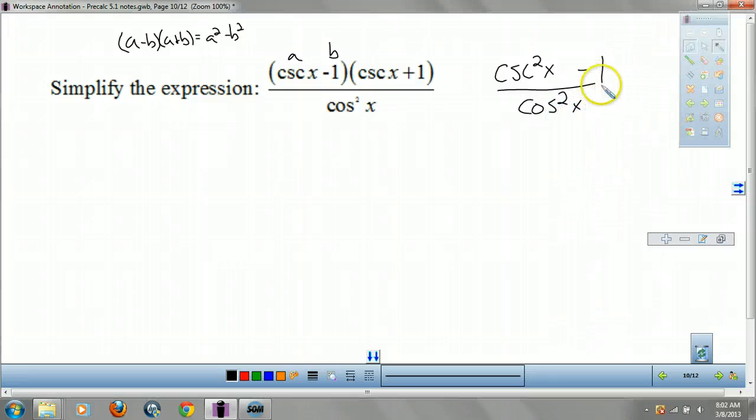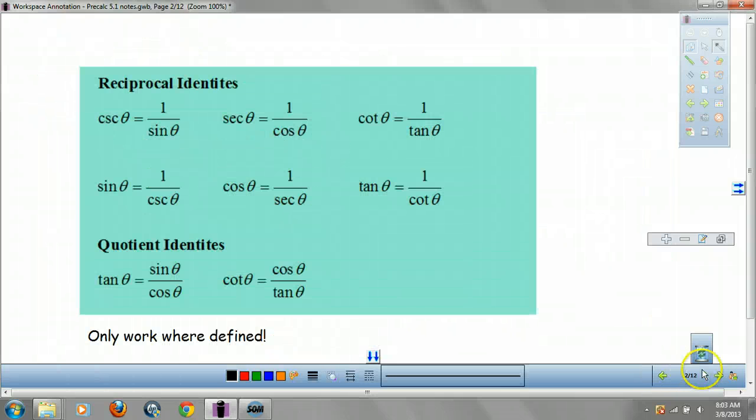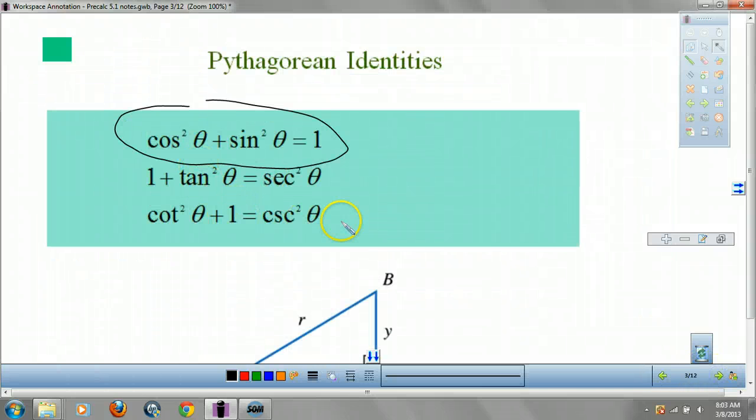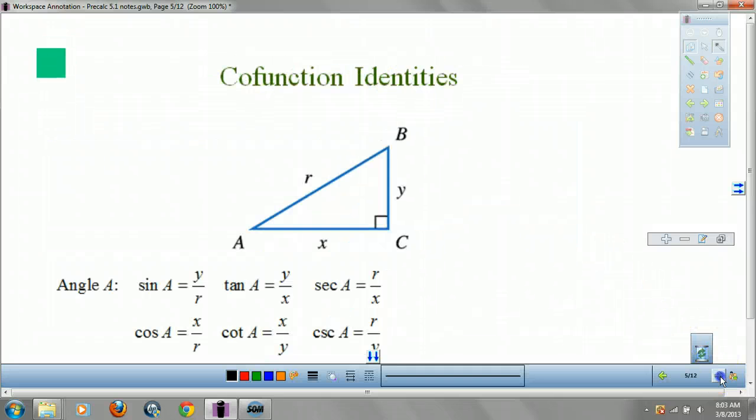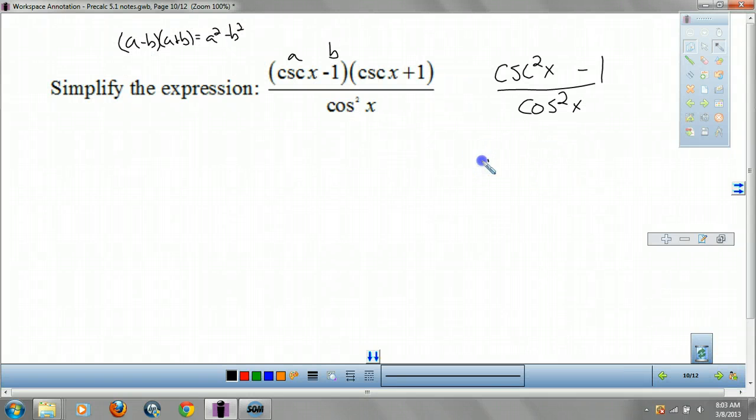Do you know what cosecant squared minus 1 is equal to? Trip down memory lane. It's the same thing as cotangent squared. So this is cotangent squared of x over cosine squared of x.